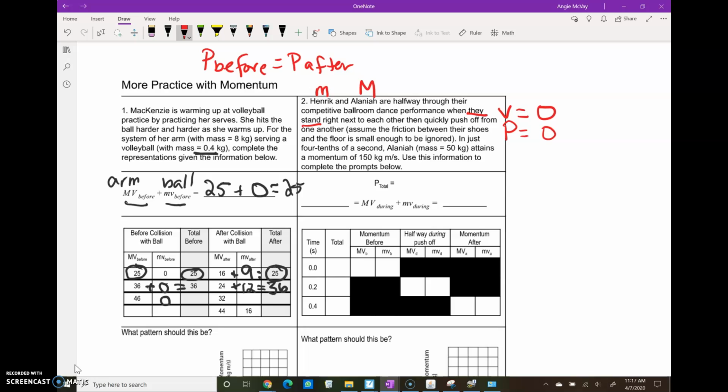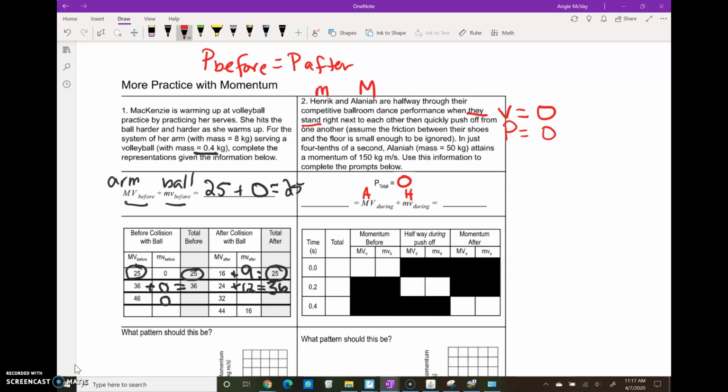I'll just put an A for Alanya and an H for Henrik. Those are their momenta. We've already established that before they push off on each other, their total momentum is 0.